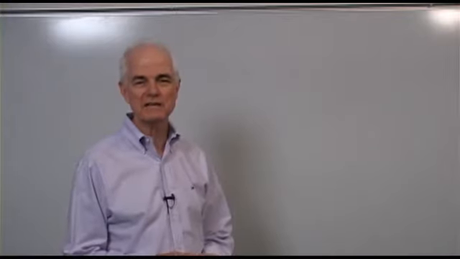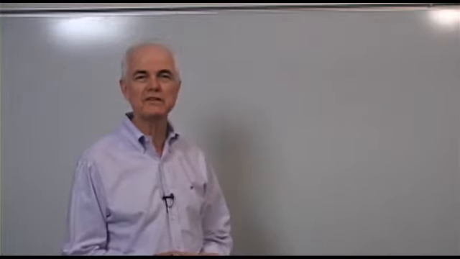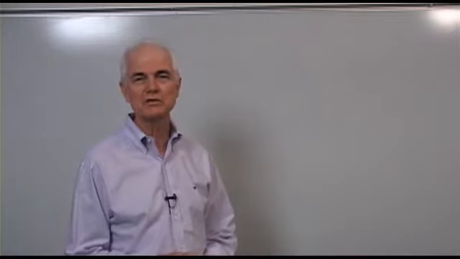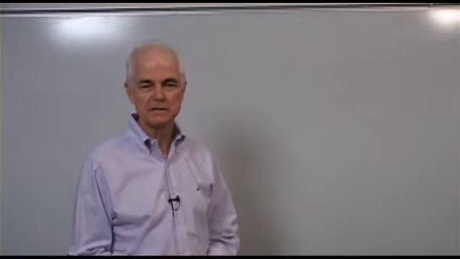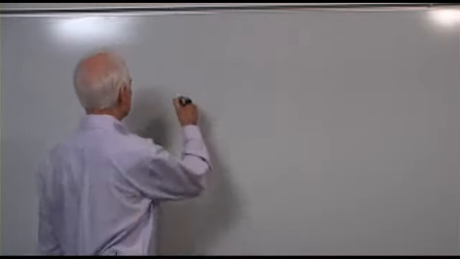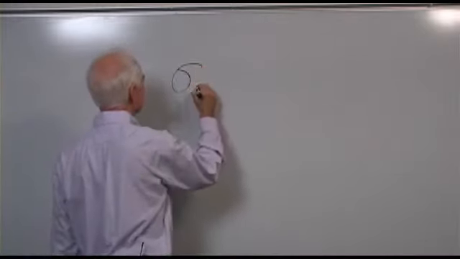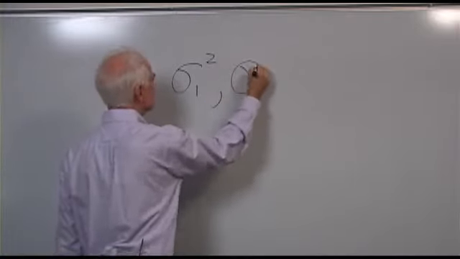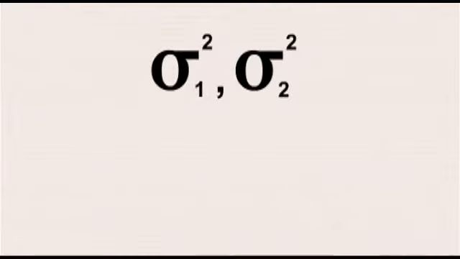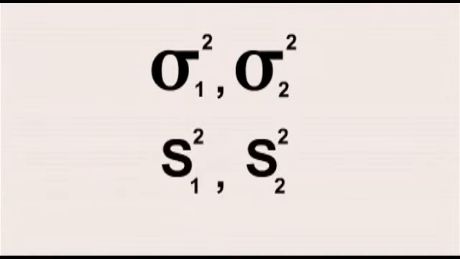Today we're going to learn how to test hypotheses about the difference in means of two independent populations using a t-statistic. In real life, most of the time, we don't know the population variances when we're conducting a study. And because we don't, we're forced to use the sample variances.